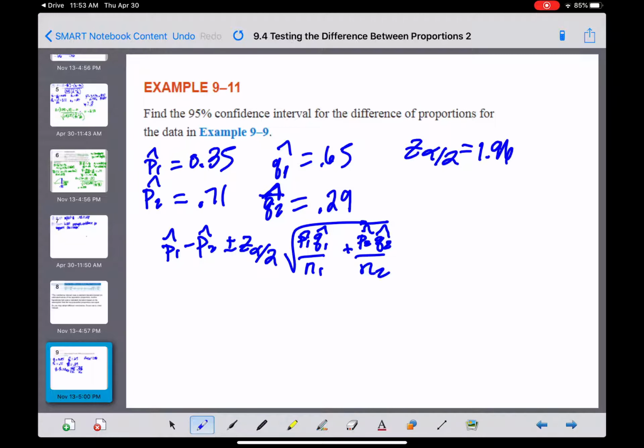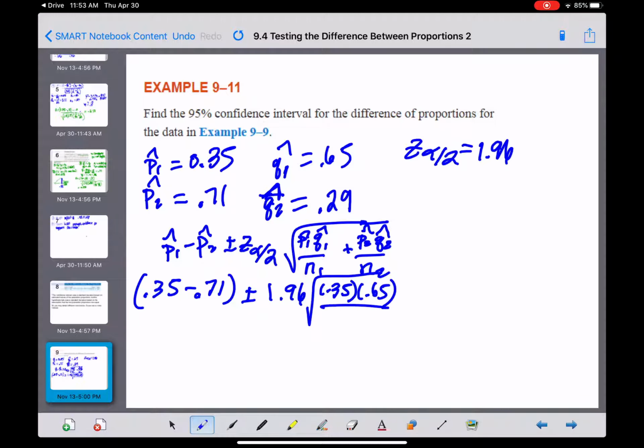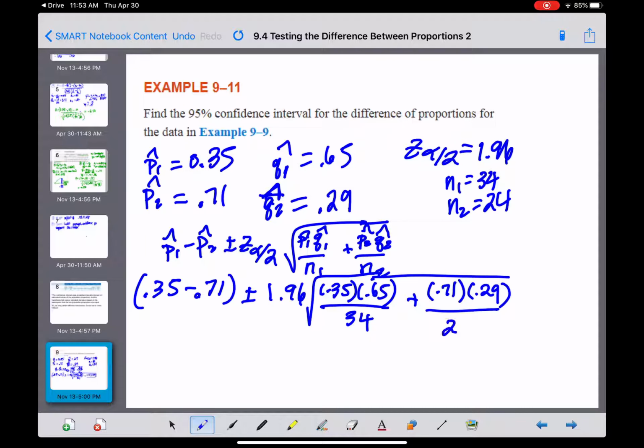So we take 0.35 minus 0.71 plus or minus 1.96 times the square root of 0.35 times 0.65 over N1, which was 34, plus 0.71 times 0.29 over N2, which was 24.